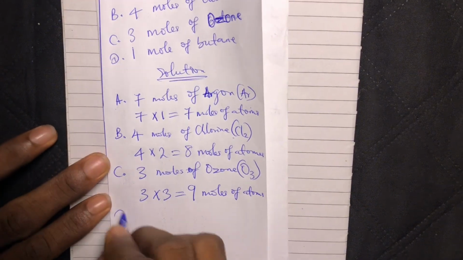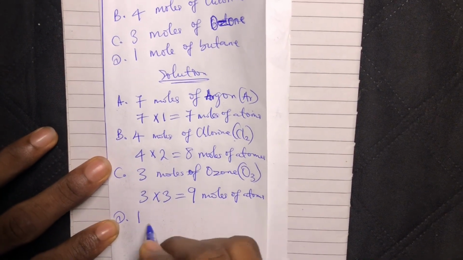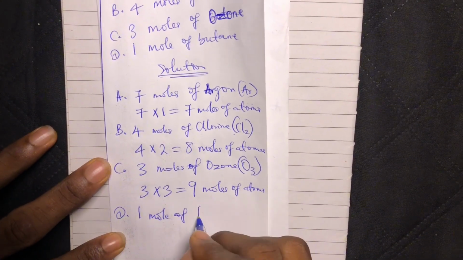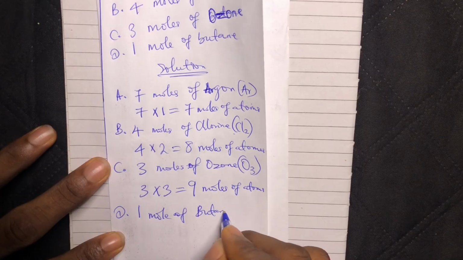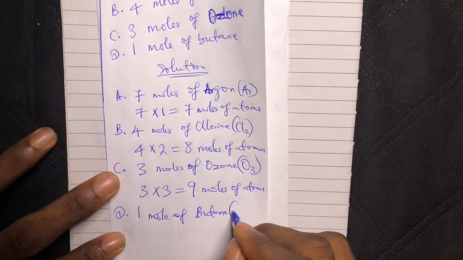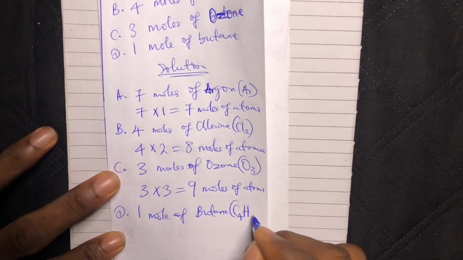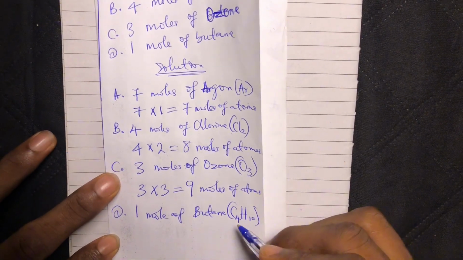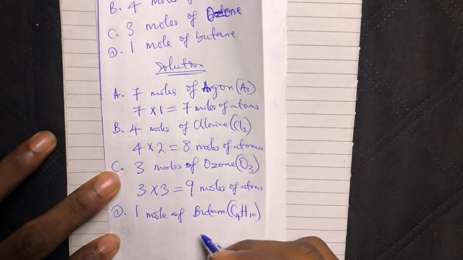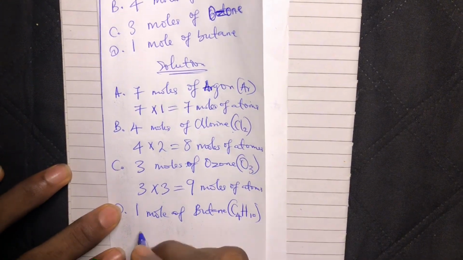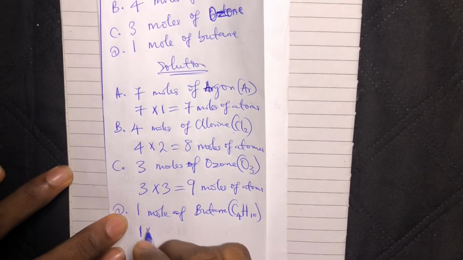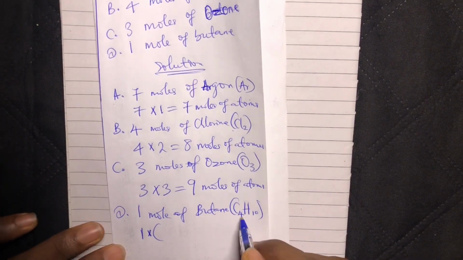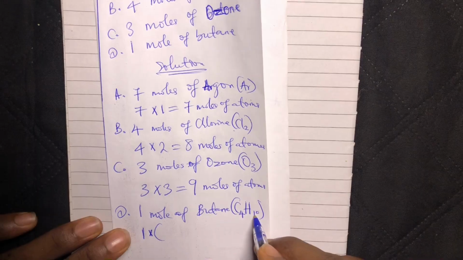And the last option is option D, which is 1 mole of butane. Butane is different from these ones. If you want to solve for butane, it is 1 times bracket. Now what we have here is 4 atoms of carbon and 10 atoms of hydrogen.